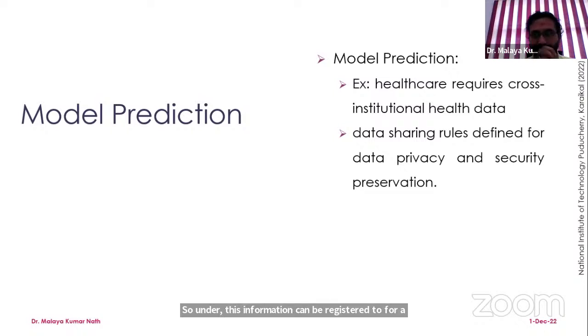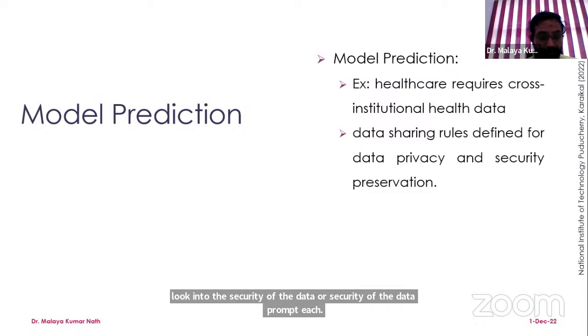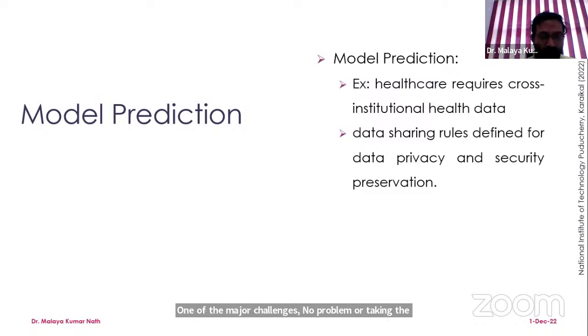When we are taking the data from different institutions, we have to look into the security of the data, which is one of the major challenges in taking data from different institutions. So next, coming to data filtration.